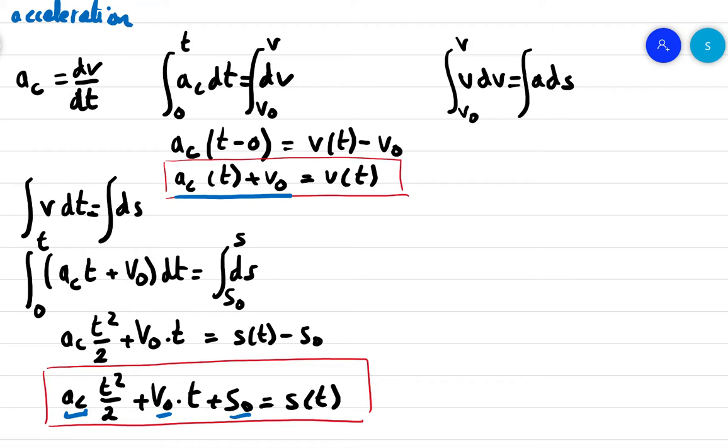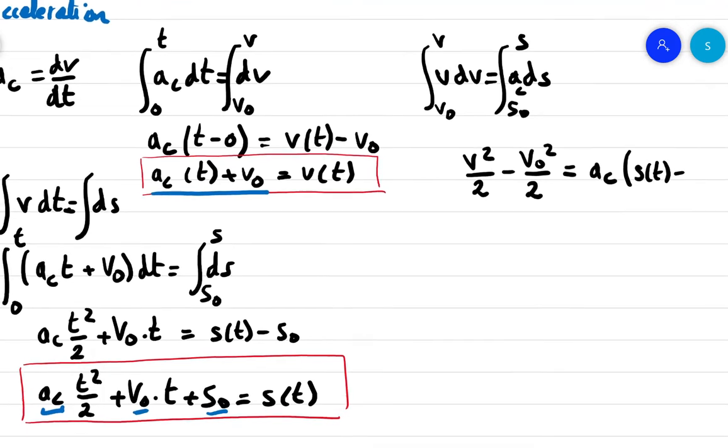And on the right, the little element of integration is ds, so from s naught to s. The integral of v dv is v squared divided by 2, between v and v naught, so minus v naught squared divided by 2. On the right, a is constant, so it's a_c, and the integral of ds is s of t minus s naught.